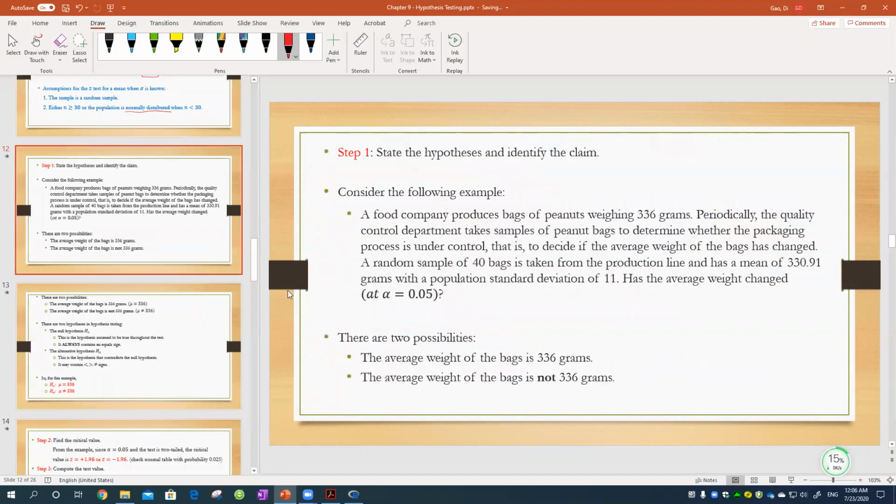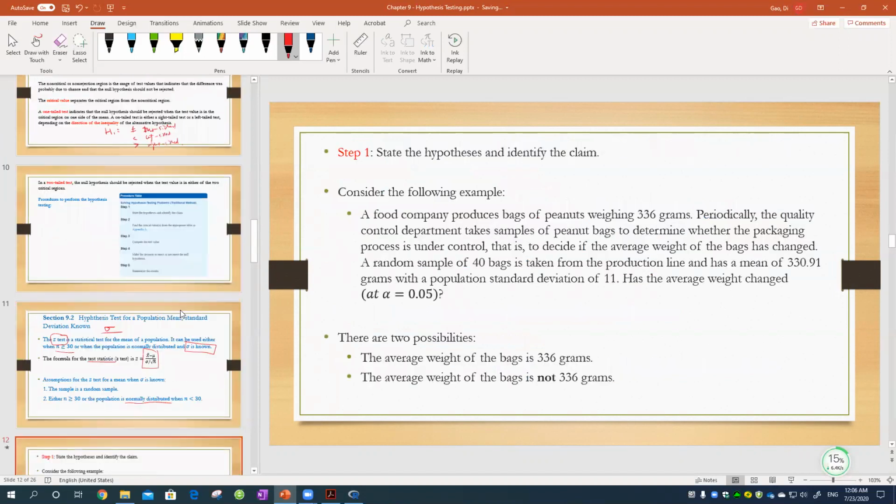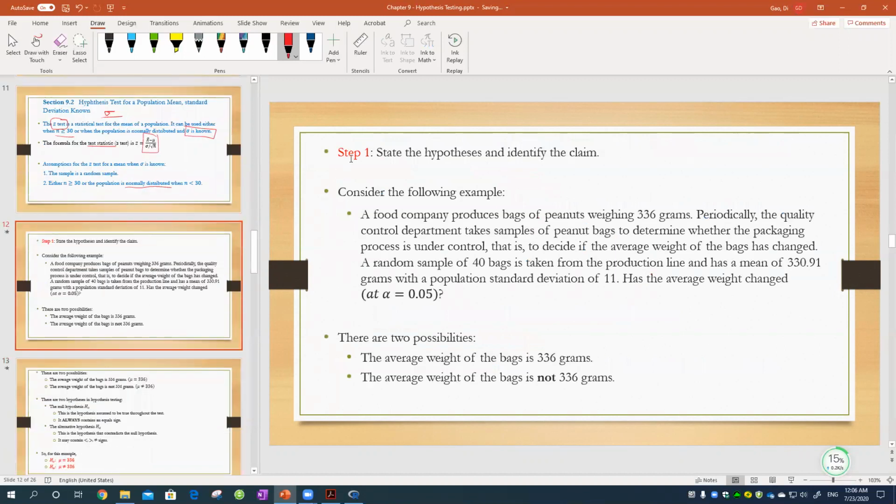Okay, so now let's follow through the steps. So step 1, we're going to state the null and alternative hypothesis. And we're going to have one example to go through the whole process. Consider the following example. A food company produces bags of peanuts weighing 336 grams.